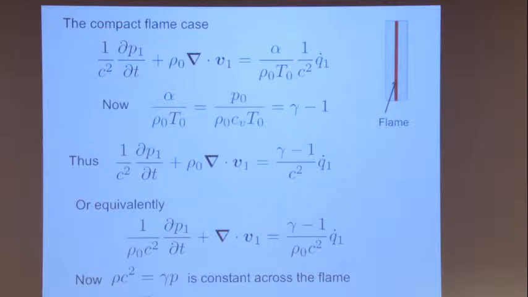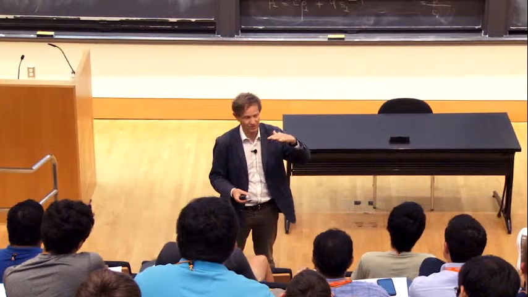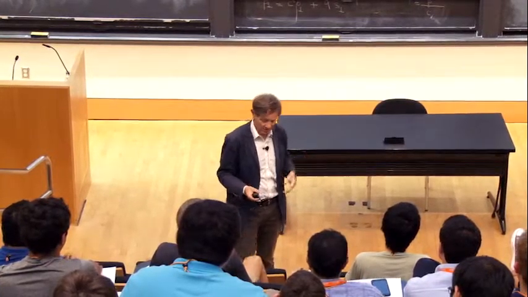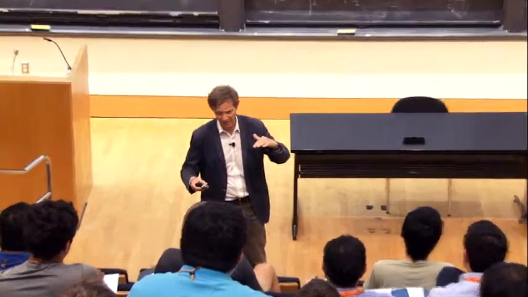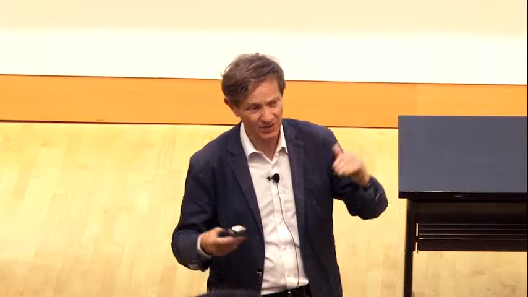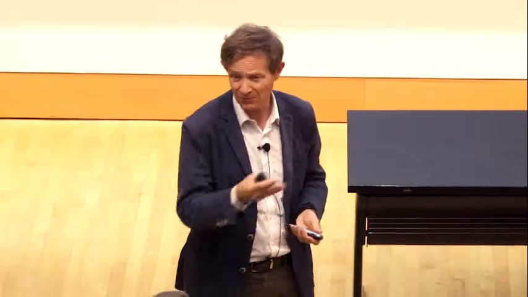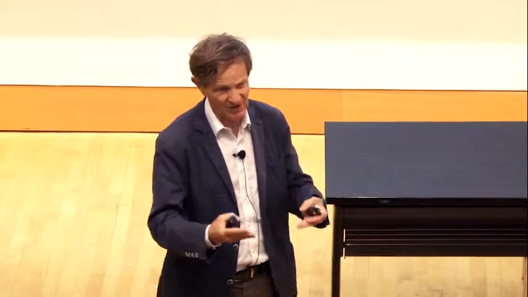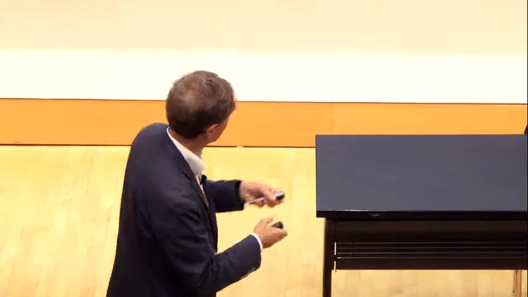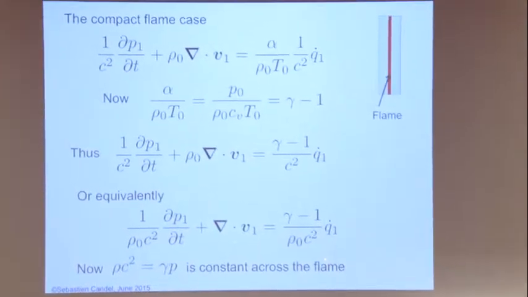In most of our applications, the pressure variation in the chamber is not very large. The combustion is essentially isobaric. Of course, not in detonations. In detonations, the pressure difference is very large, but for all these turbulent flames that we look at, the mean pressure is essentially constant. So we can consider that this is essentially constant across the flame.